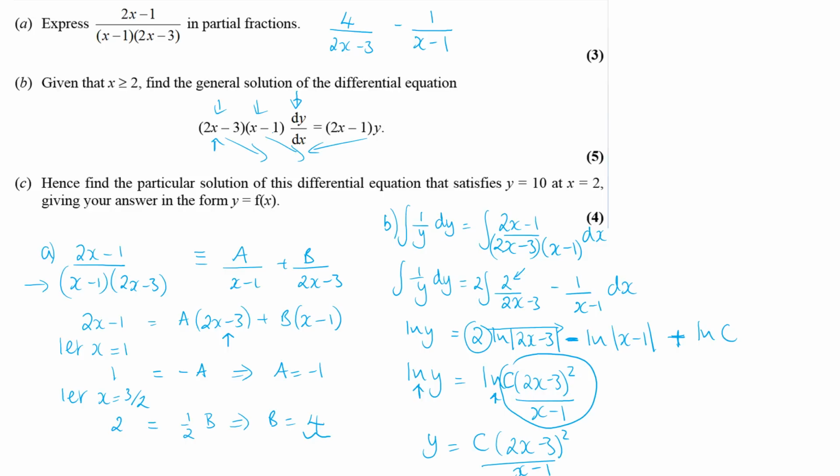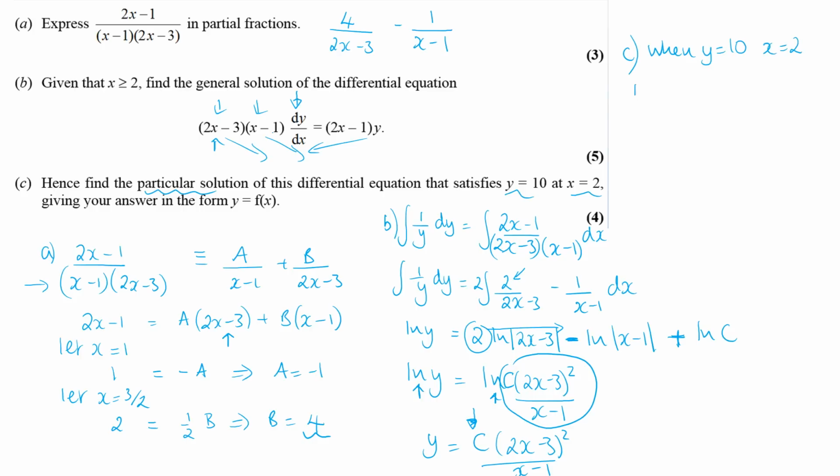And that is the general solution of this differential equation, but it's asking me for a particular solution. Now, you have to find that by being given some information about x and y, and we're going to find our constant c, and then we will get the particular solution. So part c, when y is equal to 10, x is equal to 2.